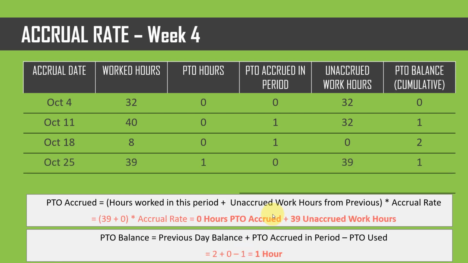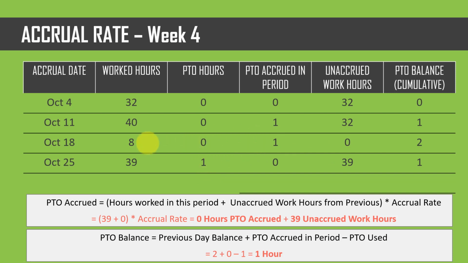Now let's go to the next week. Let's say in this week, the employee worked for 39 hours and used 1 hour as PTO. So something to keep in mind here is that when an employee is taking a PTO for 1 hour, the employee is still getting paid for that 1 hour because it's paid time off, PTO. However, that 1 hour should not be used to accrue more PTO.